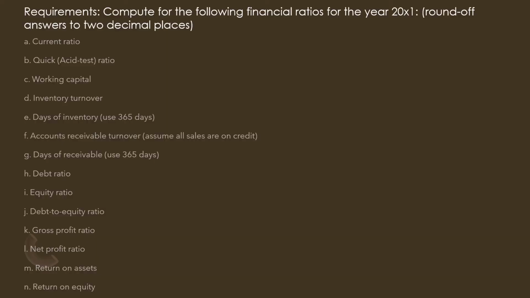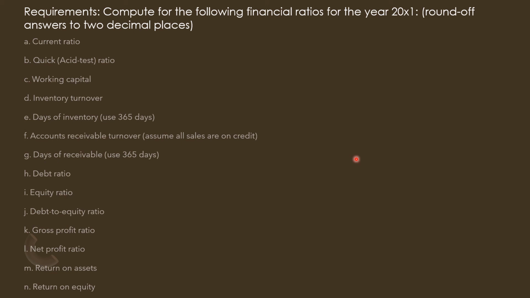Okay? So let's start. These are the requirements. Compute the following financial ratios for the year, round off the answers to 2 decimal places. So, paano kayo nagiging mali at tama sa answers nyo? If your answer is in decimal, it should be point and then 2 decimal lang. If your answer is in percentage, it should be, kunwari, 12.09. Ganon, ha?